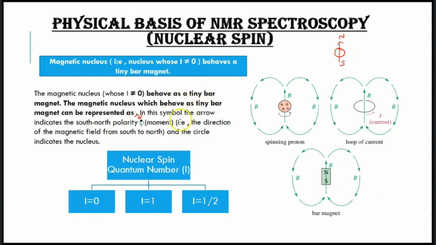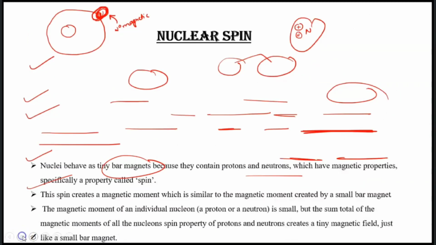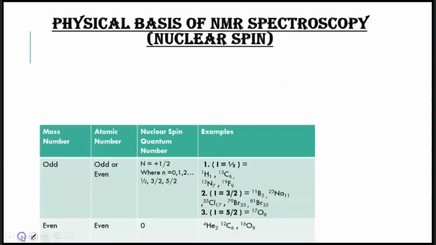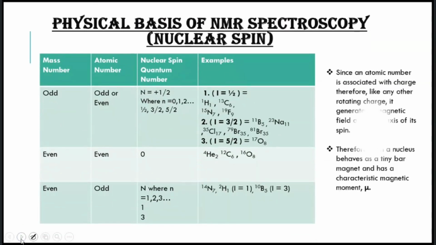That means the direction of the magnetic field is from south to north. So your nuclear spin quantum number can have either 0 value, or 1, or 1.5. We are going to see these three cases over here. Alright, so these are those cases.